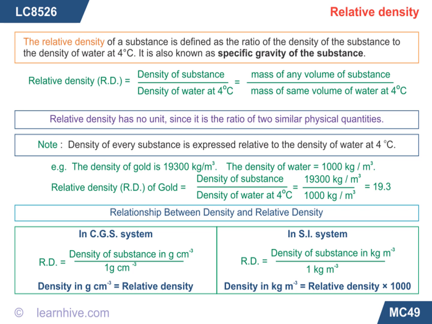Density of substance, that is gold, 19,300 kilogram per meter cube by 1000 kilogram per meter cube is equal to 19.3. So relative density of gold is 19.3.